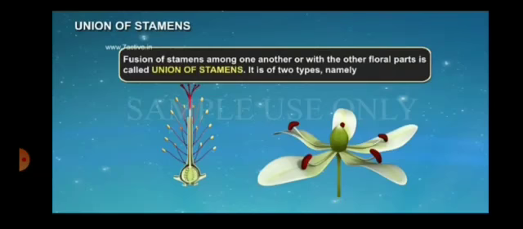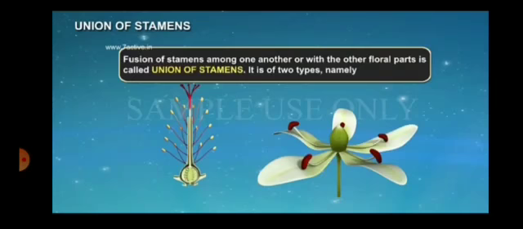What is the definition saying? Fusion of stamens among one another. That means it may be possible that two stamens unite or fuse together, or the condition may be with the other floral parts. That means the stamen can be fused with the petal also. So there are two conditions.